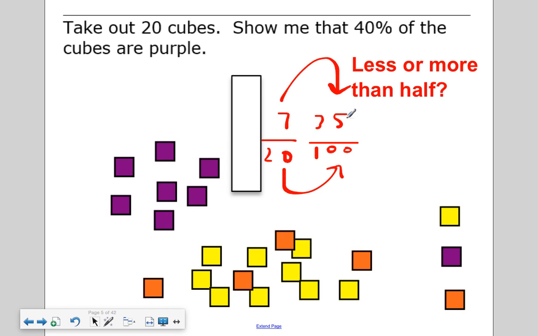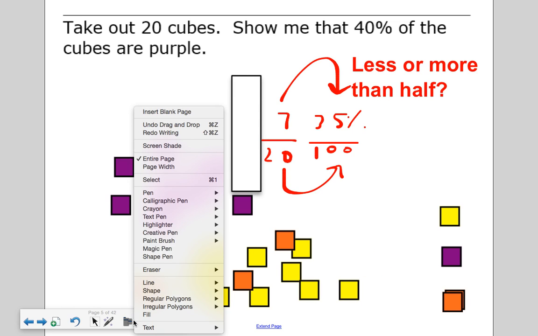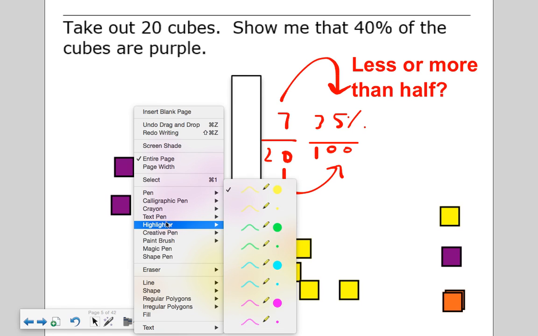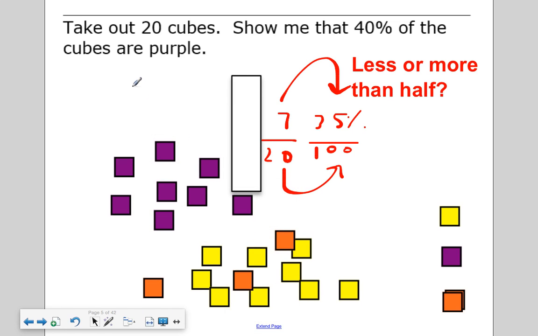Dang it. It did not work. Wait, would it be 8 out of 20? Would it? Because it's just 5% more. Let's think about it. 40%.